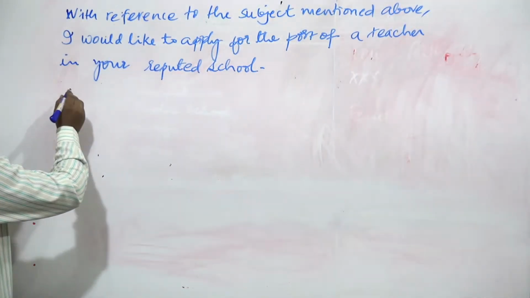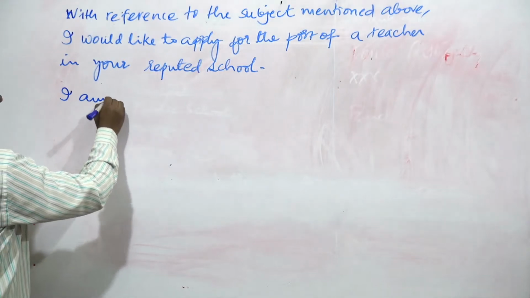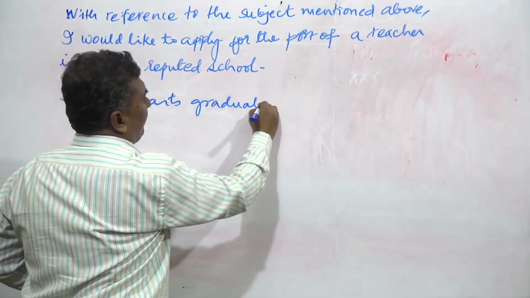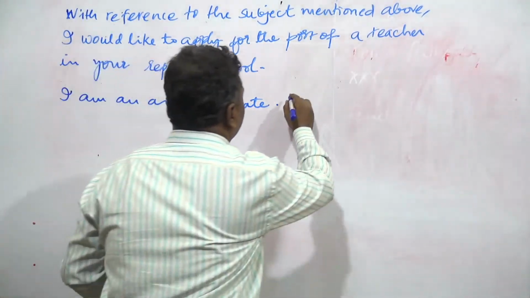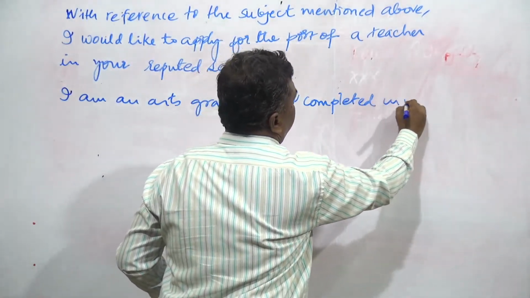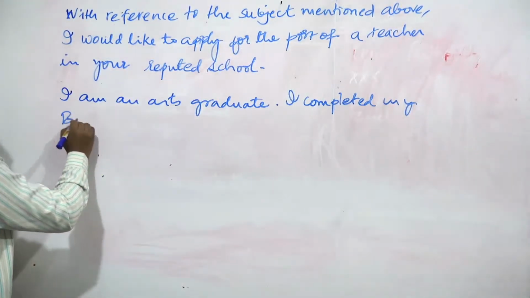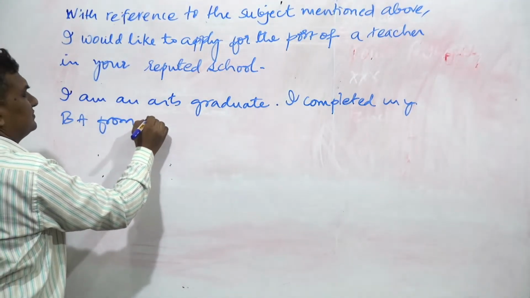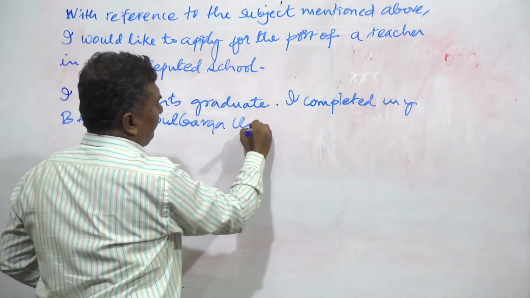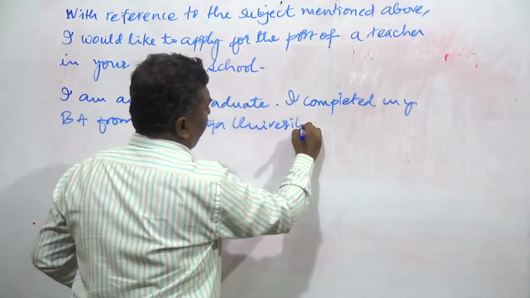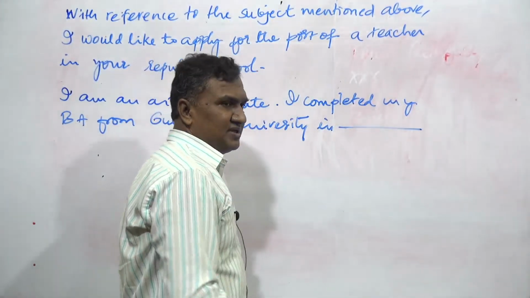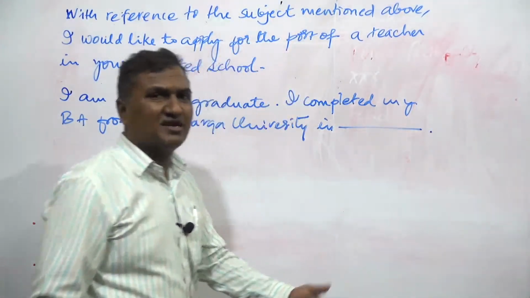So here you can write, I am an arts graduate. I completed my BA from Gulbarga University. You can mention the year, that is 2015, 2016, something like that.